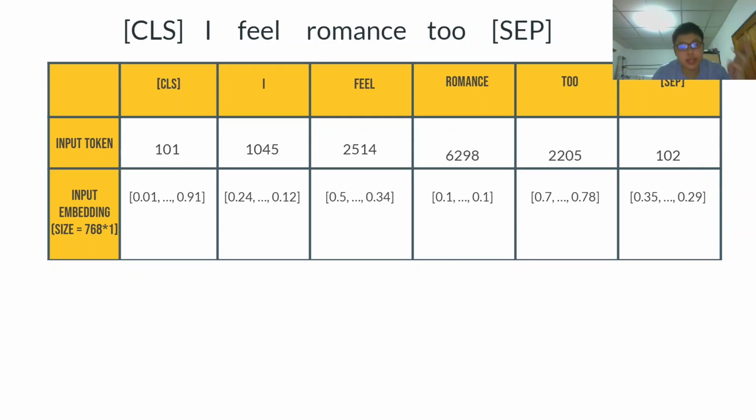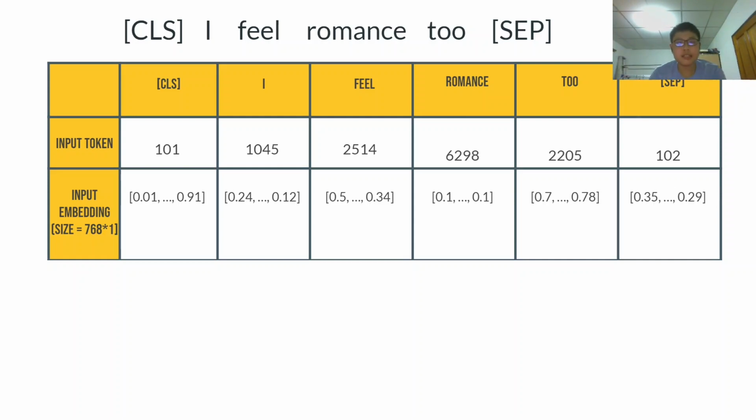And once we got the input embedding, remember that when we do text, we need to really care about which one comes first. Like I feel romance and romance feel I, the contextual meaning should not be the same, right?